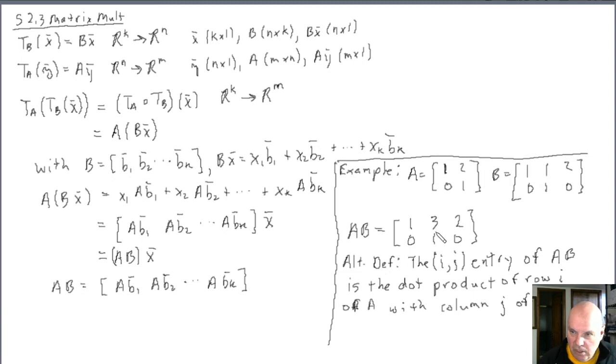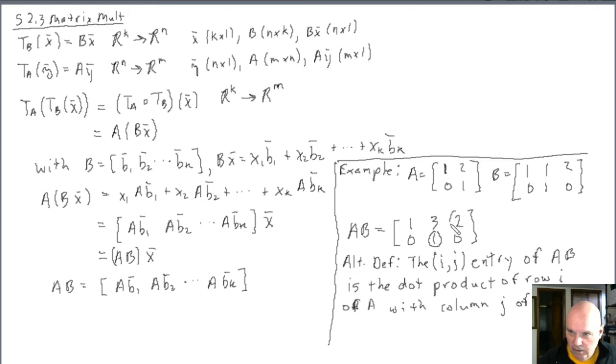matrix. So to get this element, say the 2, 2 element here, I would take the dot product of the second row of A times the second column of B. So again, 0 times 1 is 0, plus 1 times 1 is 1.